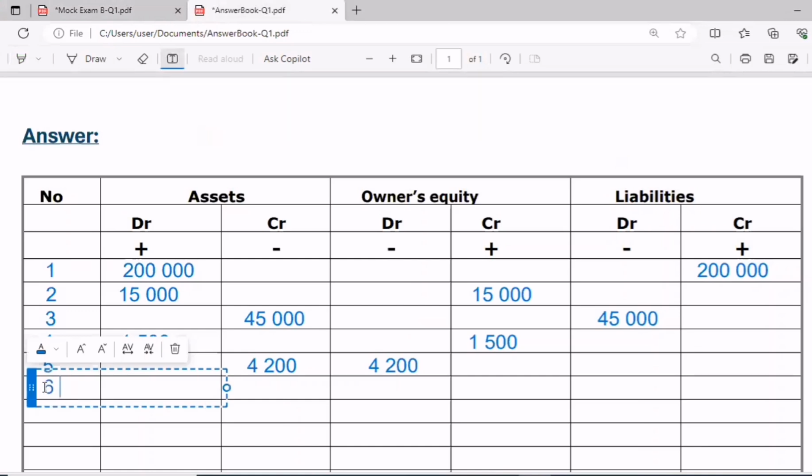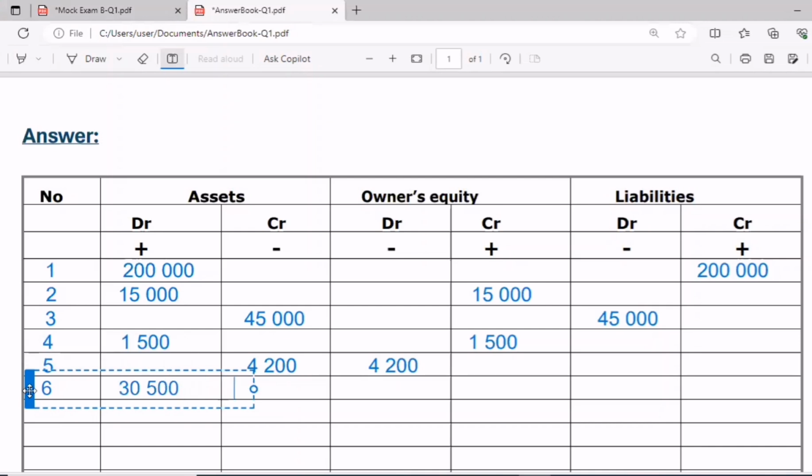So number 6, transaction number 6. So the value of furniture, which is an asset, will increase because we've acquired the new one. So we're gonna show that on the debit side. So 3,500.